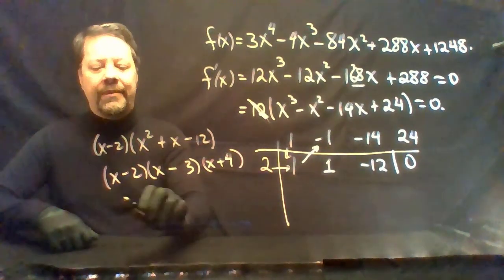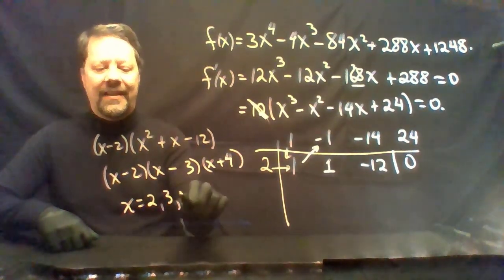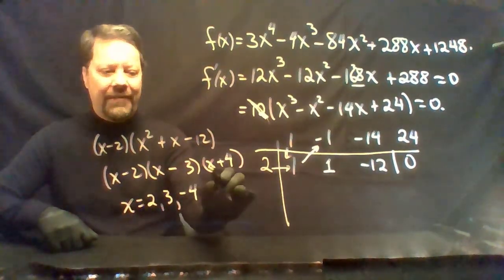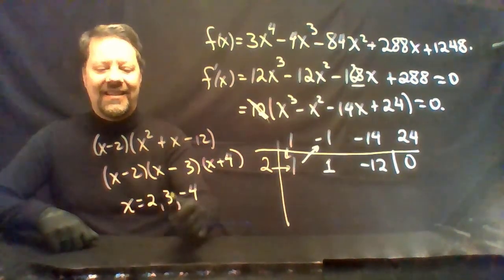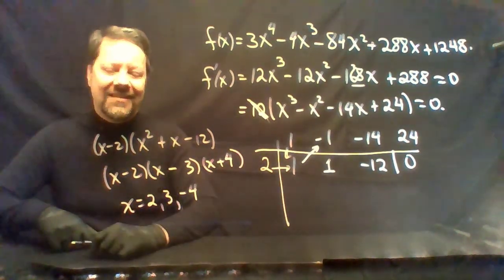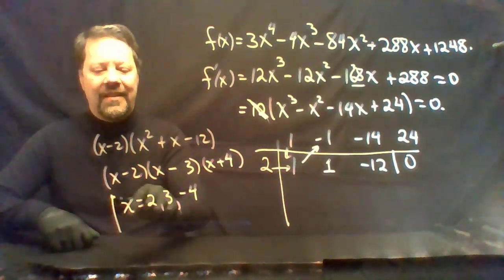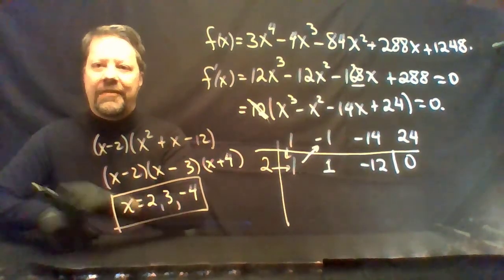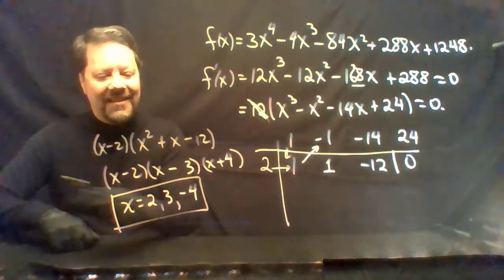So we get the following roots, 2, 3, and negative 4. If x is negative 4, x plus 4 is 0. If x is 3, 3 minus 3, that's 0. If x is 2, 2 minus 2, that's 0. I asked you on this problem to find the x values where the derivative is equal to 0, and we've done that now.